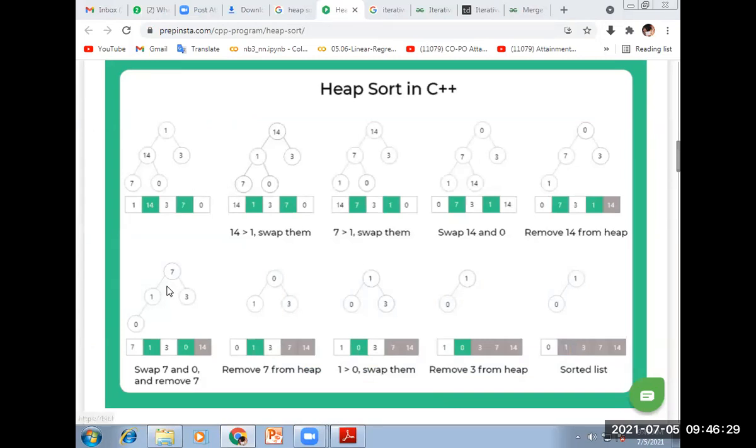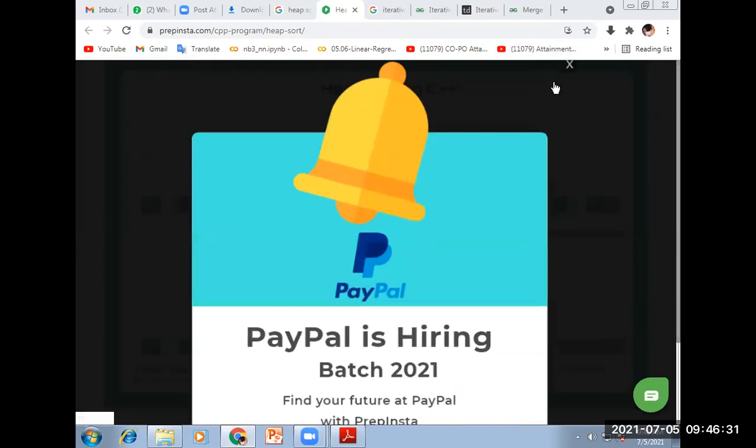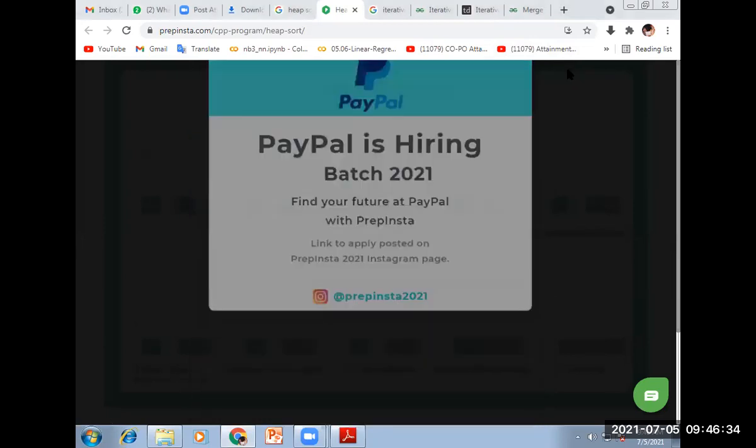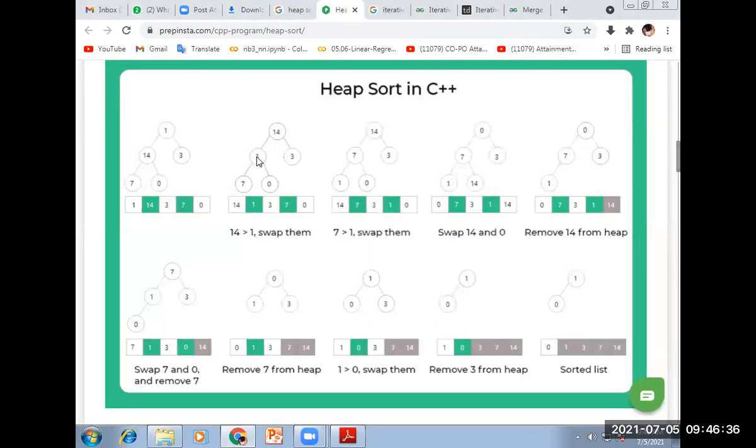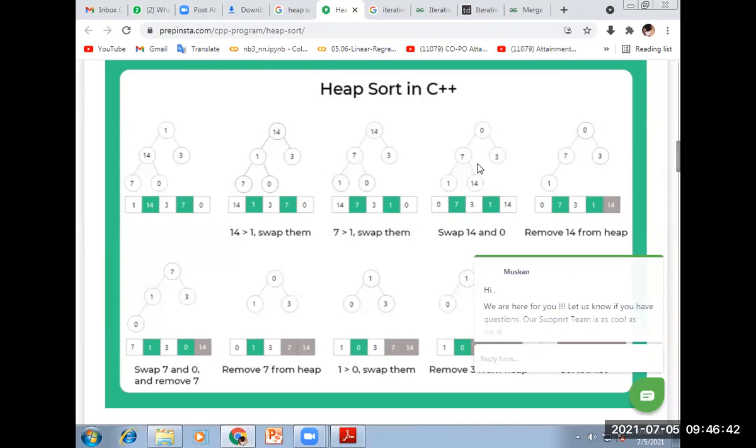See students, the fifth example. Compare the values and swapping will occur. So we are constructing a max heap here. Max heap or min heap. Here we are constructing a min heap.